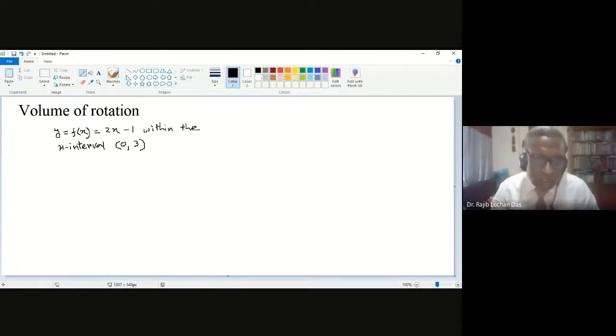So what does that mean? The meaning of this interval is that the x value is within this range, from 0 to 3.